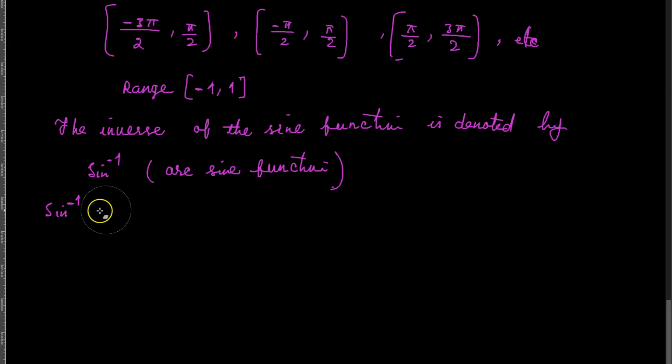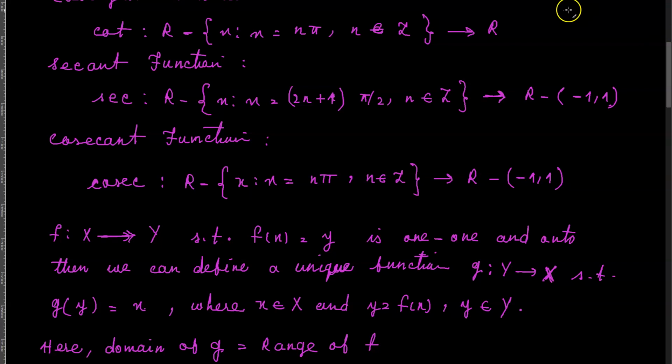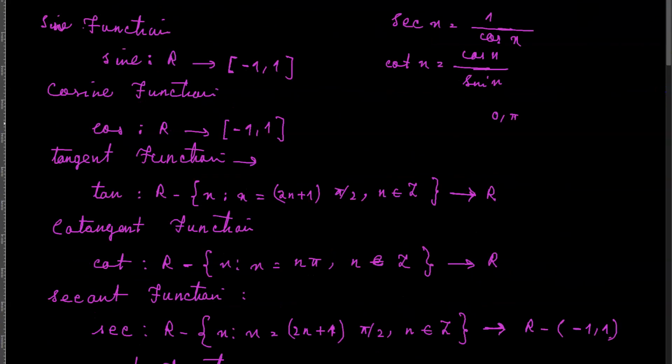So then you can say that, let me go up here because I don't have enough space. Thus, because we said that the sine function is a function whose domain is the set of real numbers, and the range is basically negative 1 to 1.